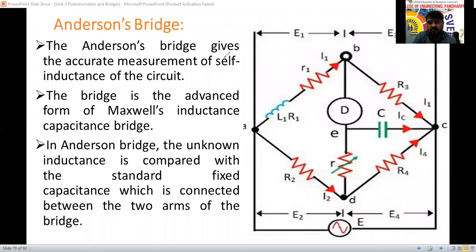Here some more parallel branches are added. One more resistance R is added in the path of the detector, and a capacitor is connected here. One more junction is created, junction E.